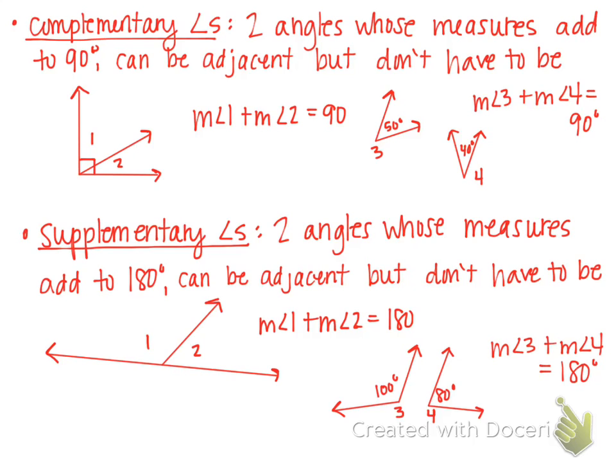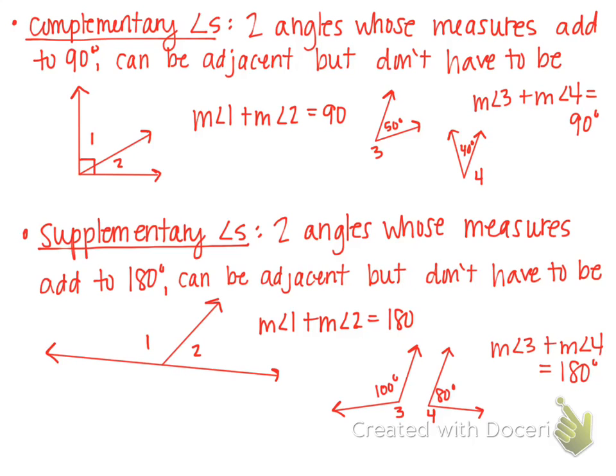So, angle 1 and angle 2 are complementary, because if you add them together, you would get 90 degrees. And this extra set over here, we have 50 and 40, which when you add together, you get 90. So angle 3 and angle 4 are also complementary, but they are not adjacent. So complementary, it doesn't matter if they're adjacent or not.